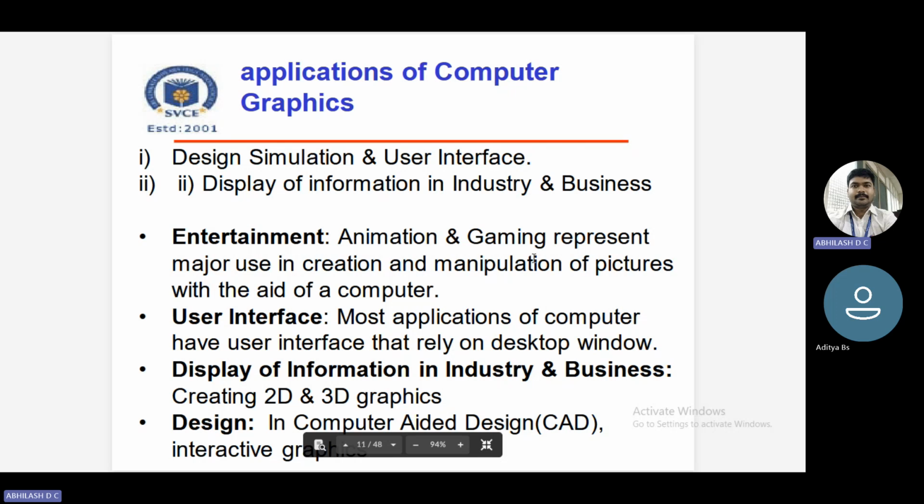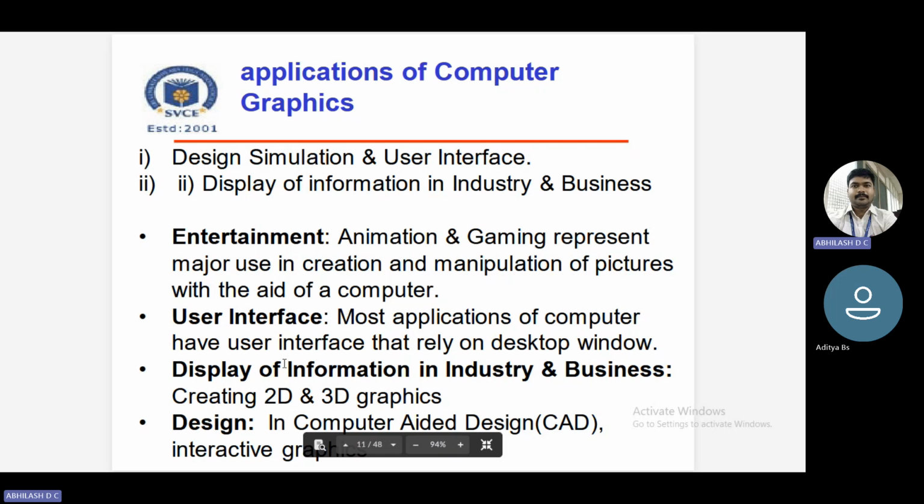Any digital device nowadays has a user interface, shortly called UI. So we can easily move around. See, this laptop has a UI, and I'm running this particular presentation, and this is the use of graphics. Without the use of graphics, this was not possible. So this is the second important one.